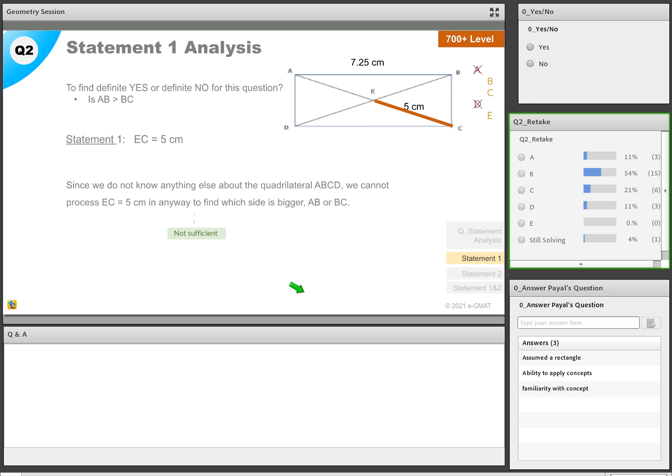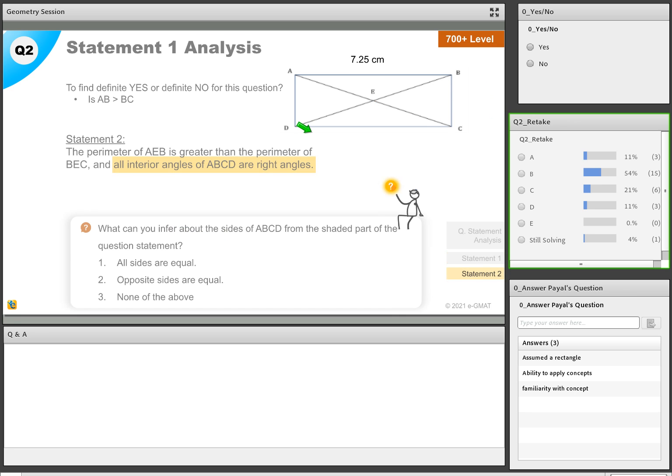So if you assumed it was a rectangle because the image looks as if it's a rectangle, then that's a wrong thing to do. Now if the image had the right angle presented, then you could have inferred that it's a rectangle, but you cannot assume that it's a rectangle. You should have seen a right angle in all four angles there.